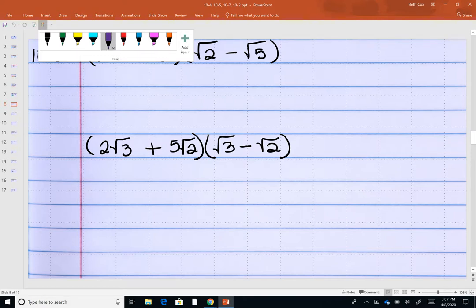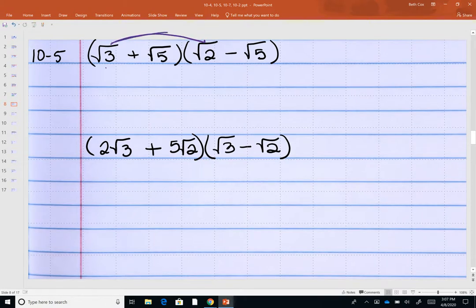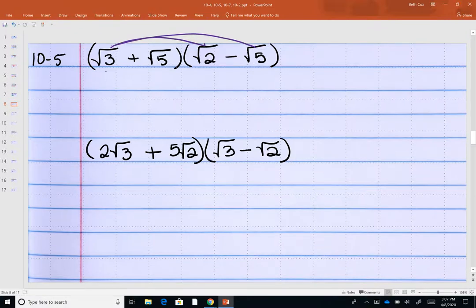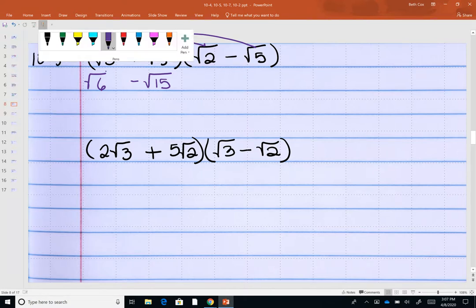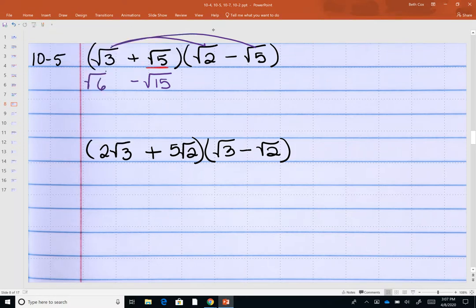For starters, I'm going to take this one and multiply it by both of those, and I'll do that in purple. So that's going to give me the square root of 6 minus the square root of 15. Then I'm going to take the square root of 5 and do both of those.